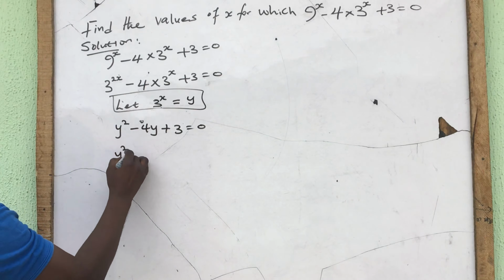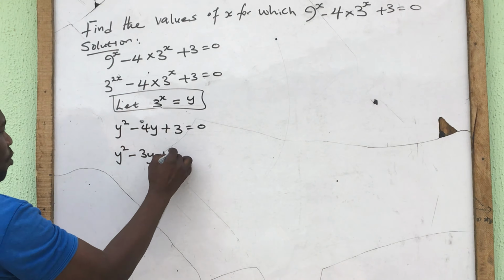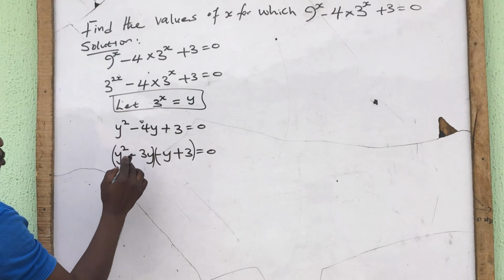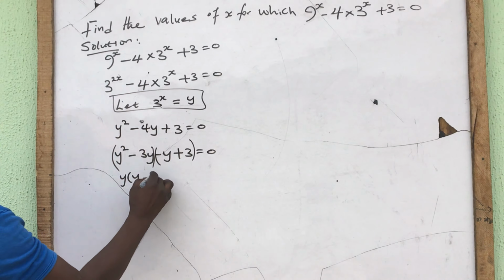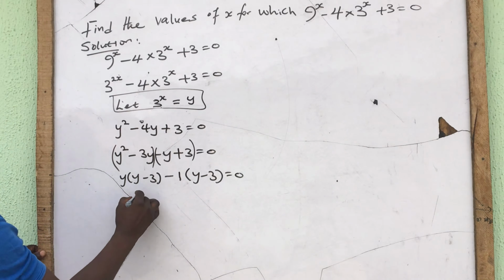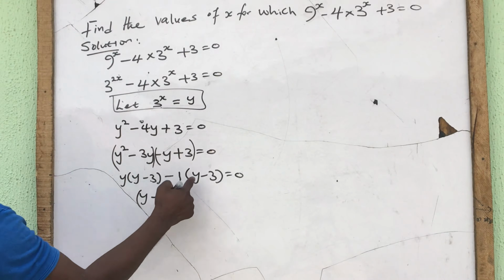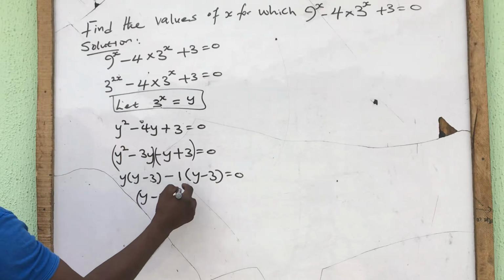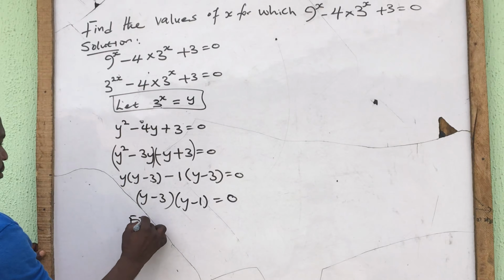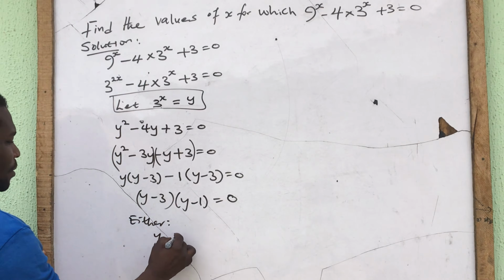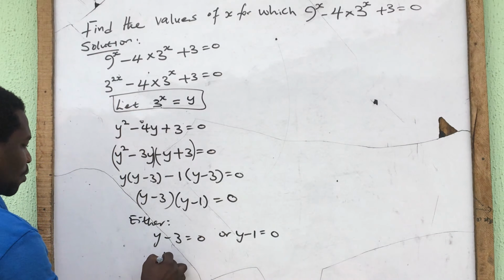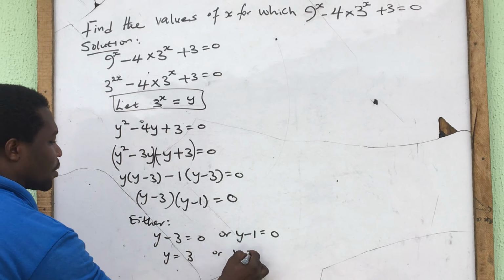Then y squared minus 3y minus y plus 3 equal to 0. Grouping, we have y into y minus 3 minus 1 into y minus 3 equals 0. So y minus 3 is common, so y minus 3 times y minus 1 equals 0. Either y minus 3 equals 0 or y minus 1 equals 0. From that, y equals 3 or y equals 1.